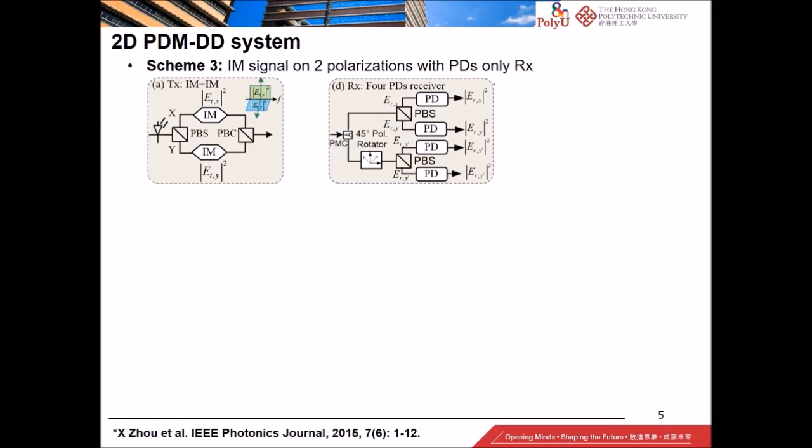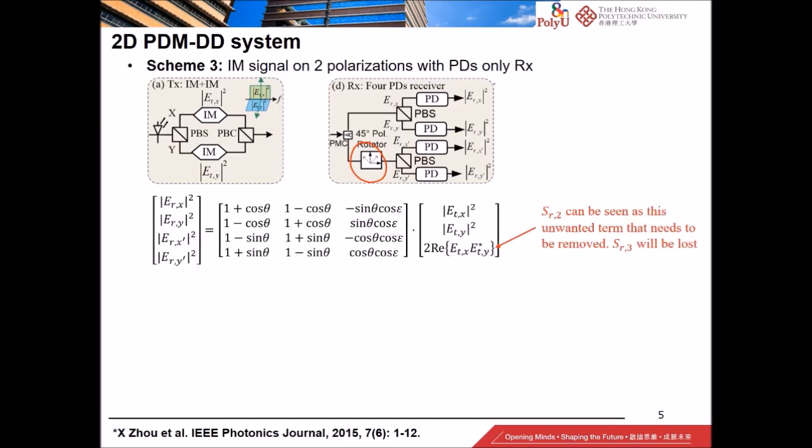Instead, we use 4 simple photodiodes with a 45 degree polarization rotator in one of the arms. In this case, we will get 4 amplitude signals. When one works out the mathematics, this is how the transmitted signals are related to the received signals that we got from our setup.